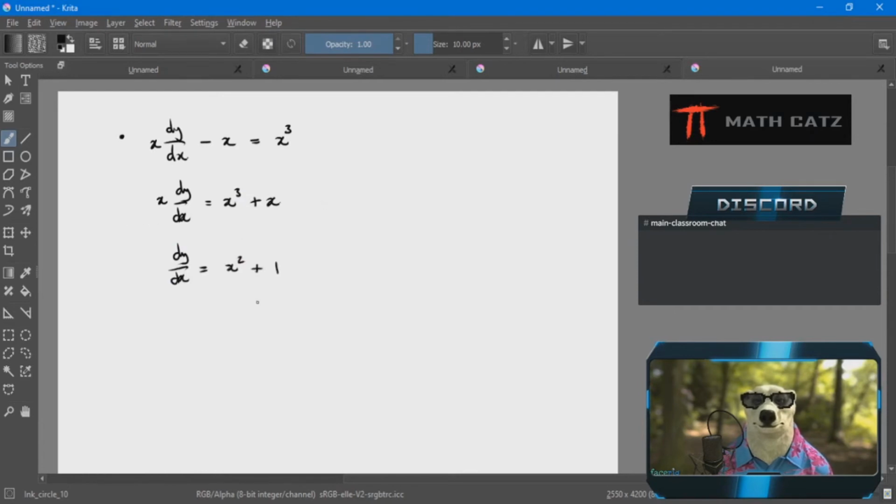And then I see, okay, this is just an antiderivative question again. I have a function y whose derivative is x squared plus 1. Therefore, y is the antiderivative of x squared plus 1, which I can do. It's 1/3 x cubed plus x, of course, plus a c, and there's my general solution.